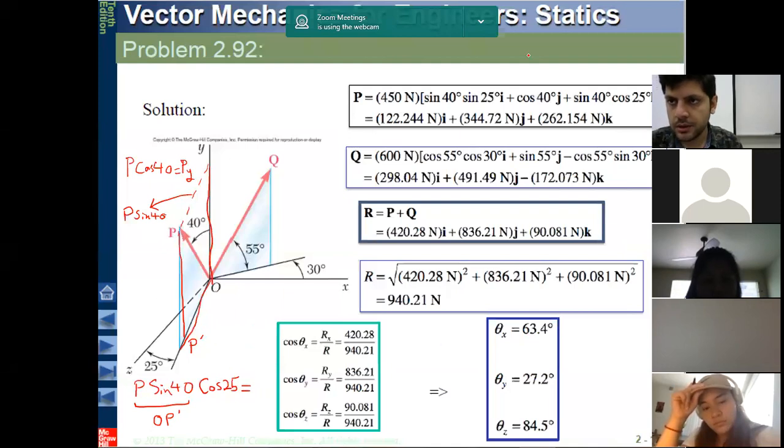Can anybody tell me? Yeah, exactly, the z component. So it would be pz.